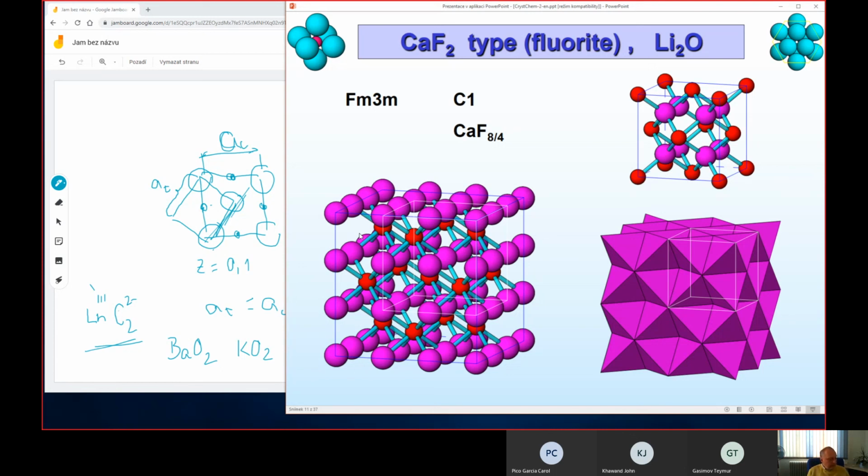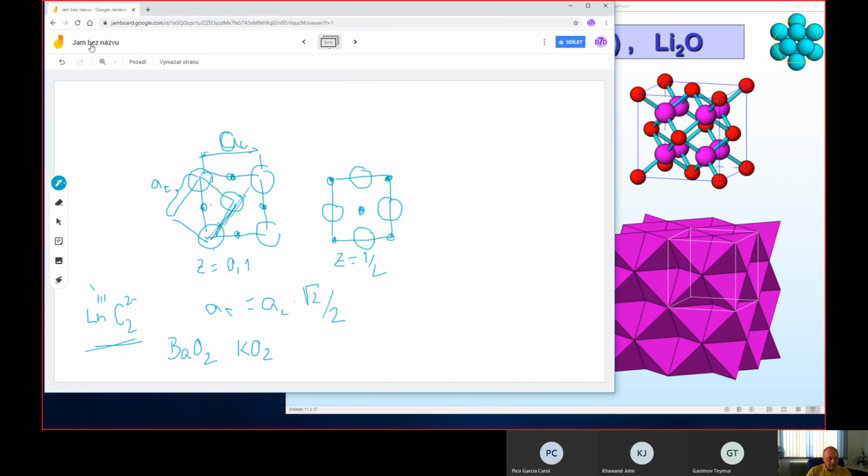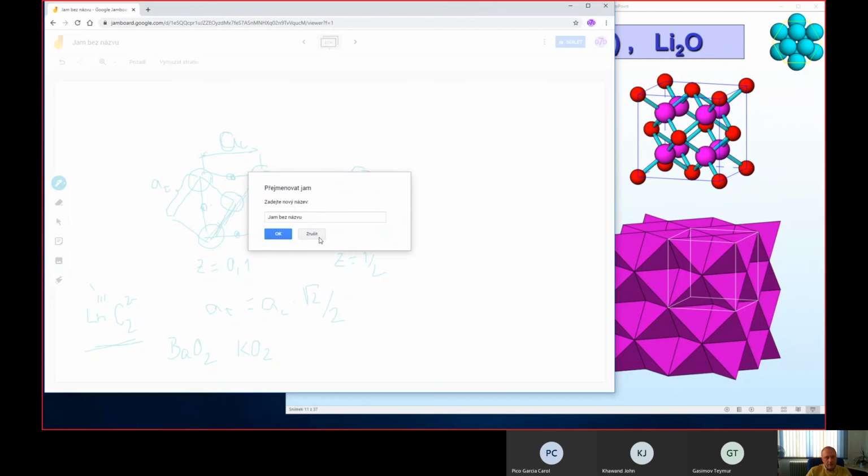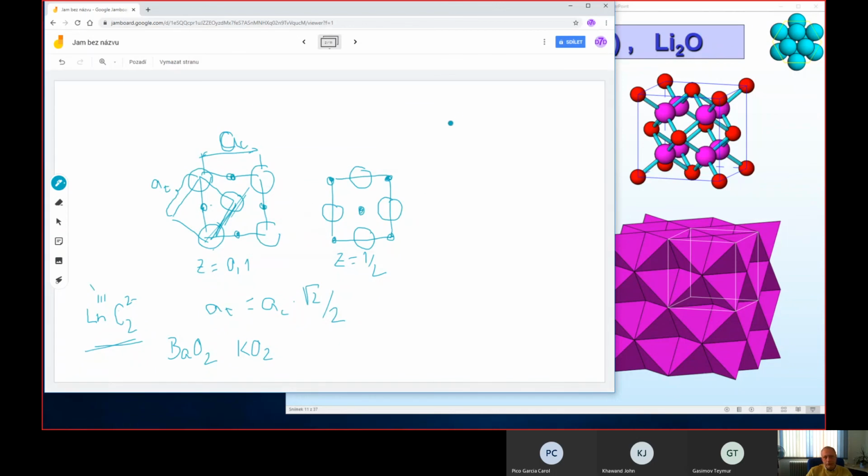This structure type is adopted by some actinide oxides like UO2 or plutonium O2, and some other oxides like the high temperature form of zirconium oxide or hafnium oxide.